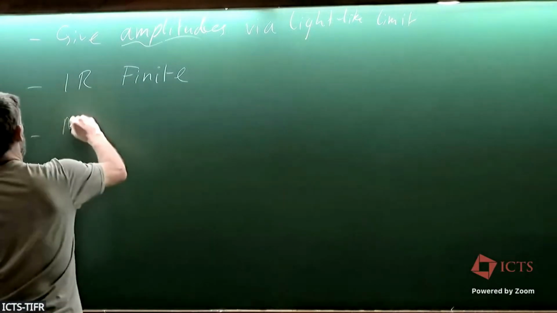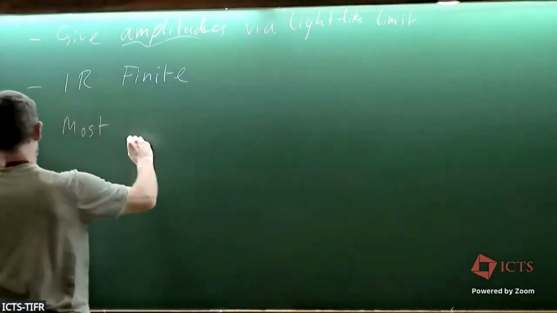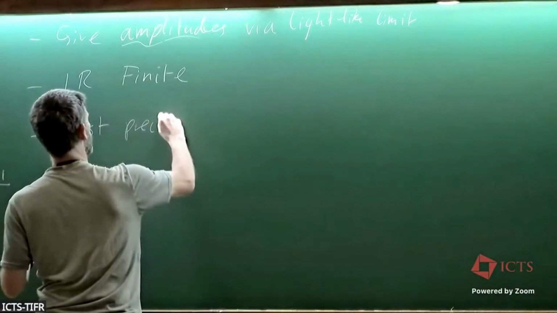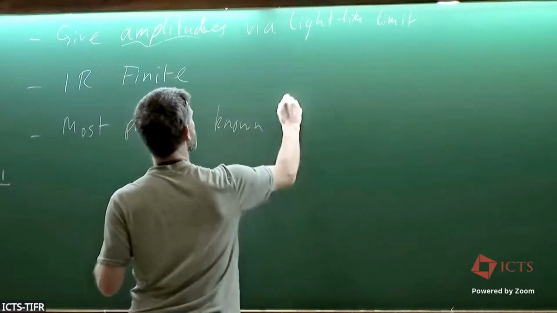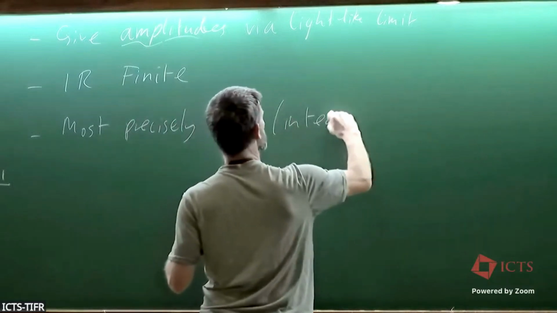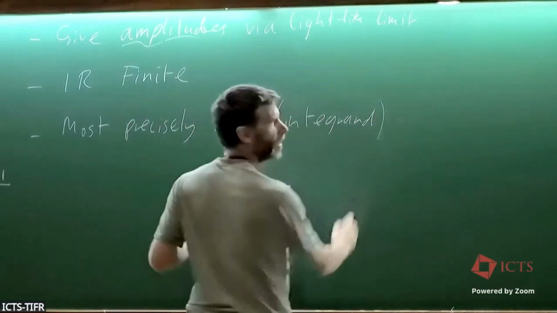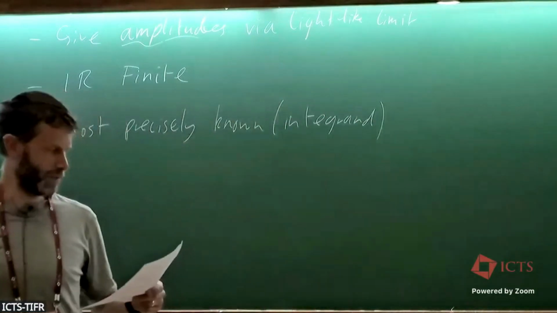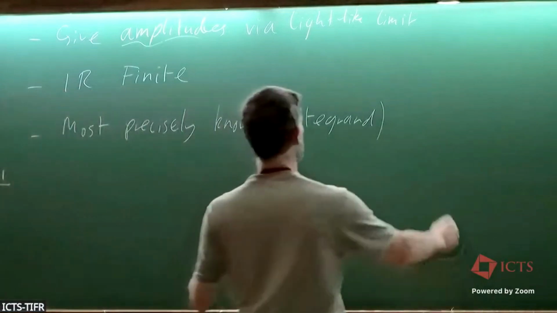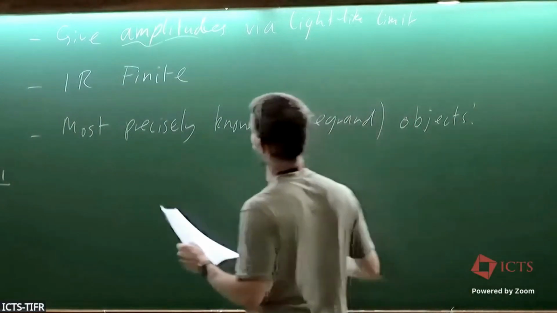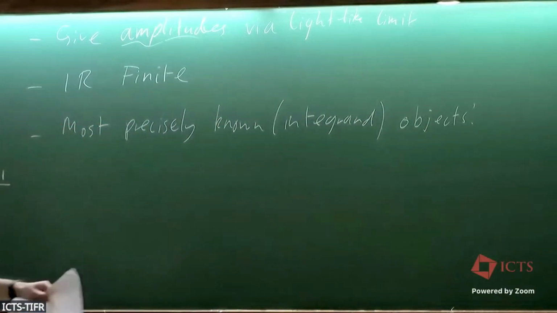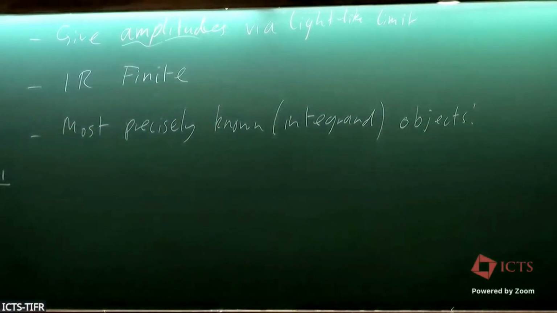And they're the most precisely known, I have to be careful what I say here, at least at the integrand level. Many people would say they're not precisely known, but as far as integrands are concerned, they're the most precisely known objects in the theory. And in fact, it's from the correlators that we get the most precisely known amplitudes.